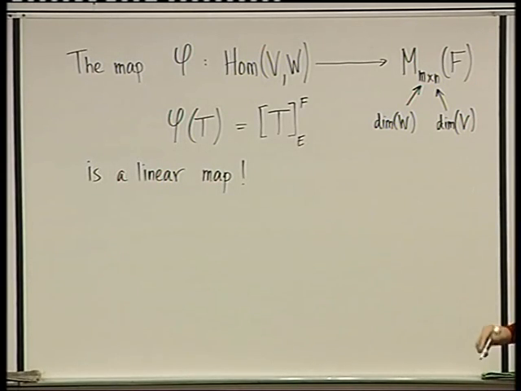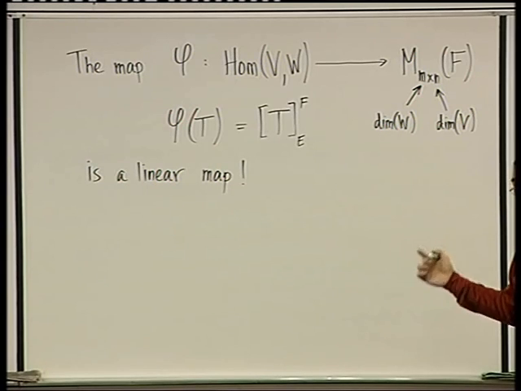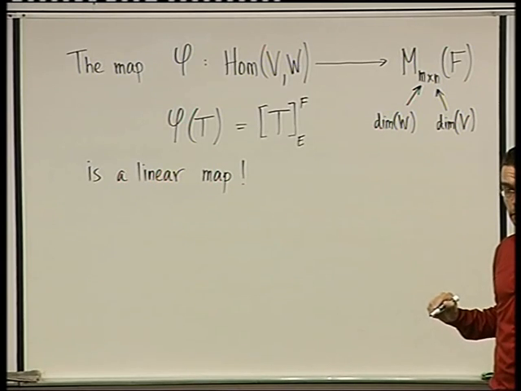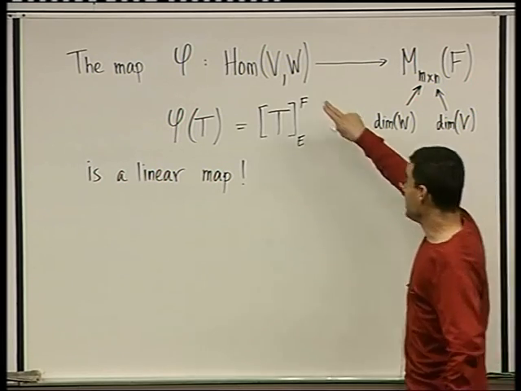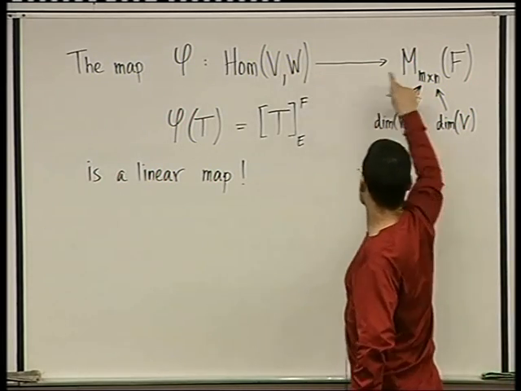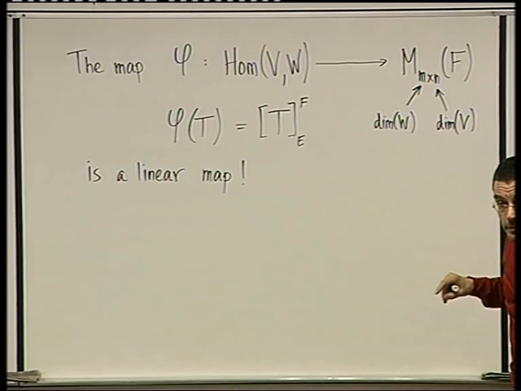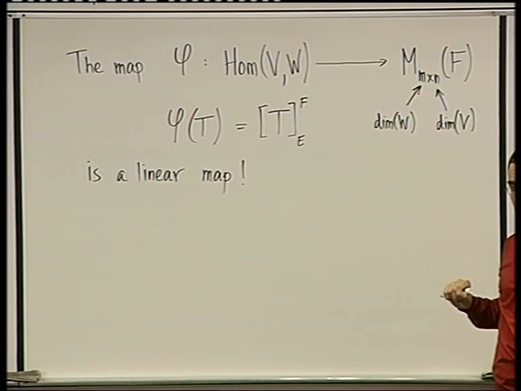If I can show that it's one-to-one and onto, then these two spaces are isomorphic.